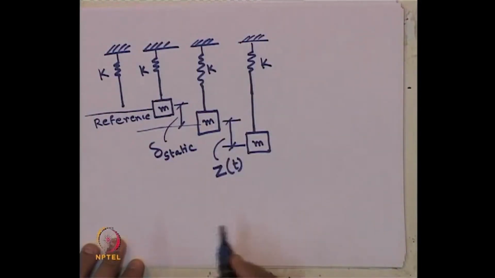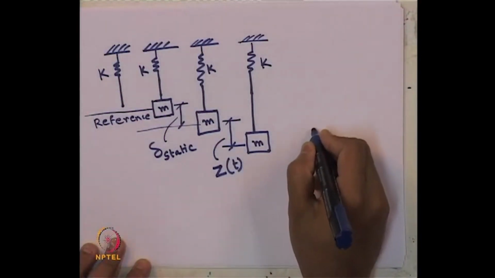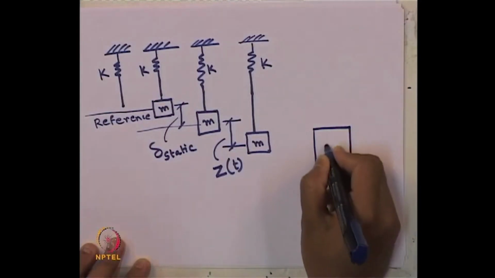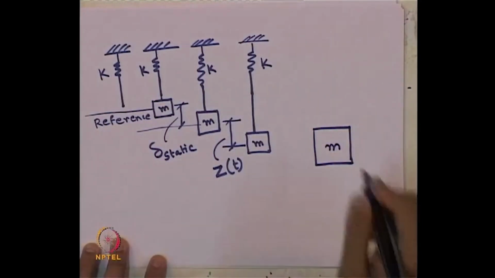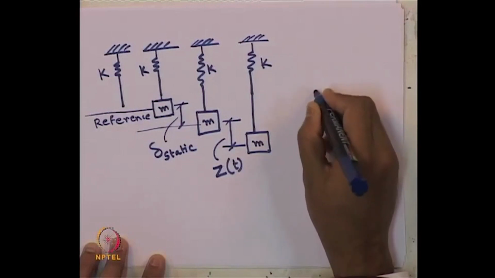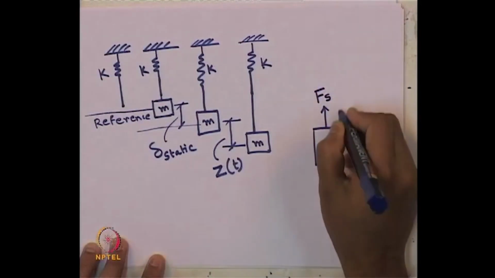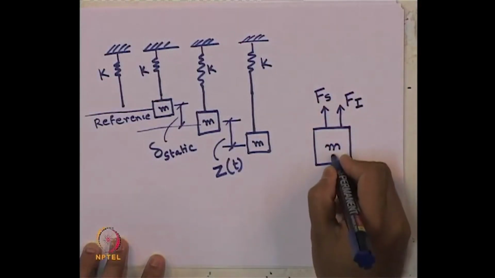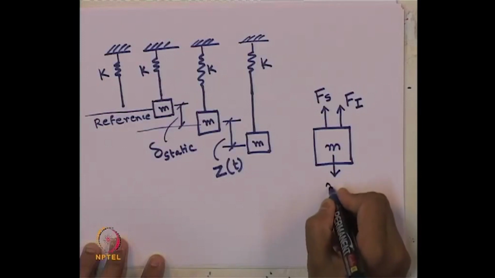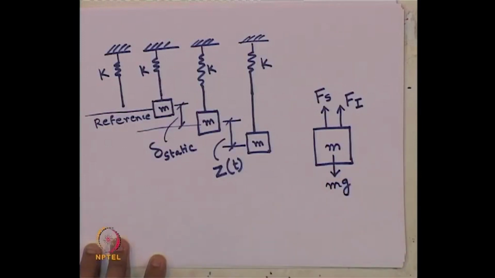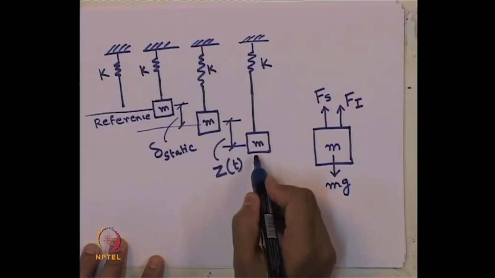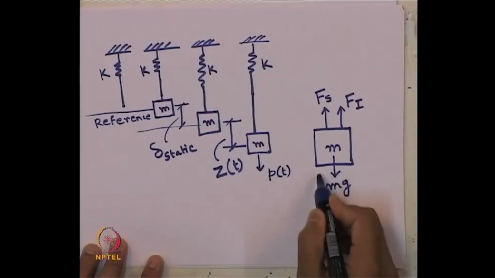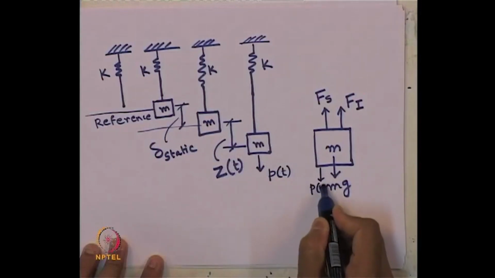Now, to write the equation of motion for this system, what should we do first? We should draw the free body diagram of the system. What can we see? There will be a spring force F s, an inertia force F I, mg, that is the weight of the body, and suppose there is some dynamic load applied to it, say P of t.